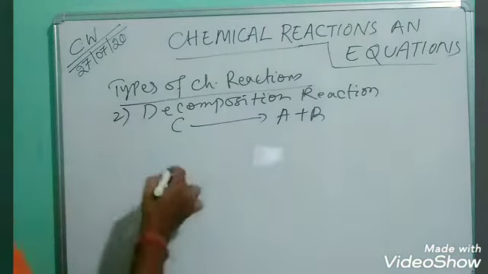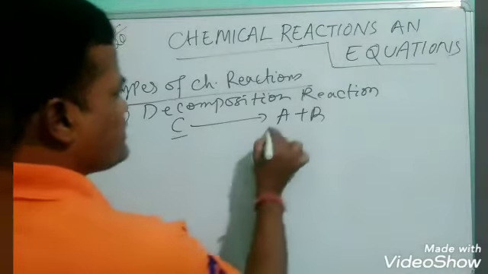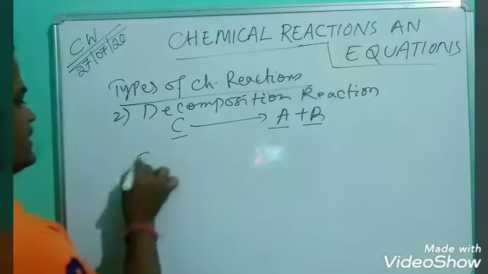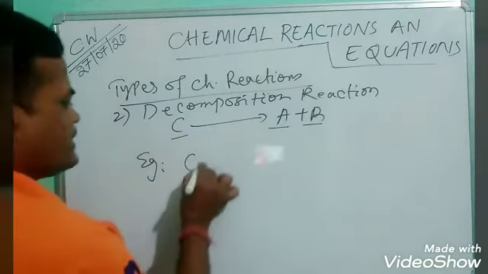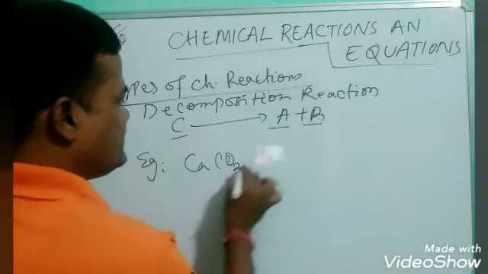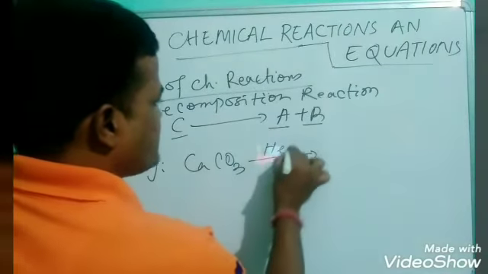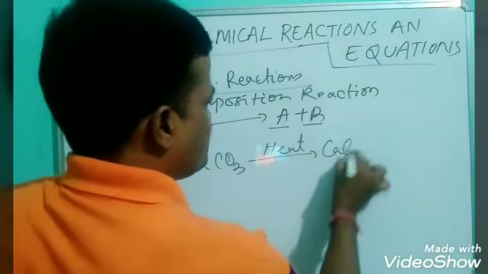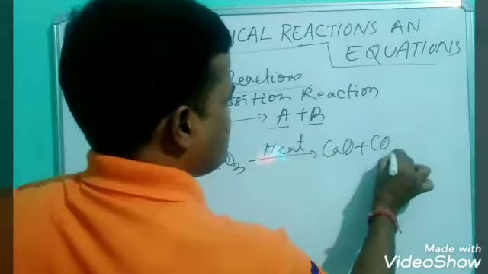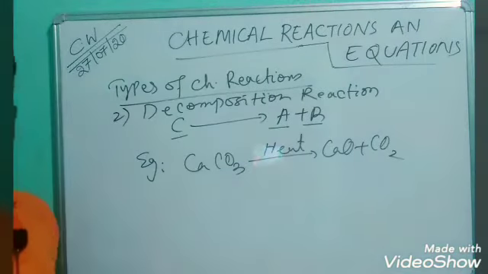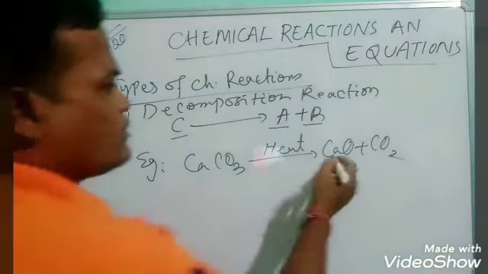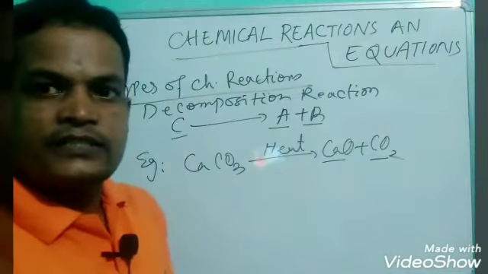In this process C, a single substance, splits into two or more substances. Example: when calcium carbonate is heated, it gets decomposed into calcium oxide and carbon dioxide gas.